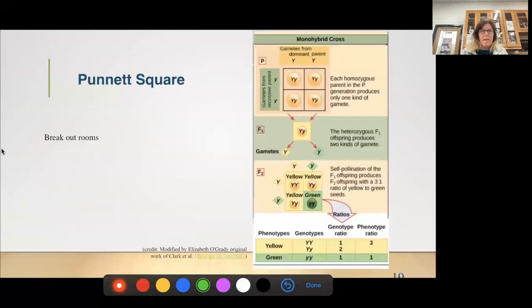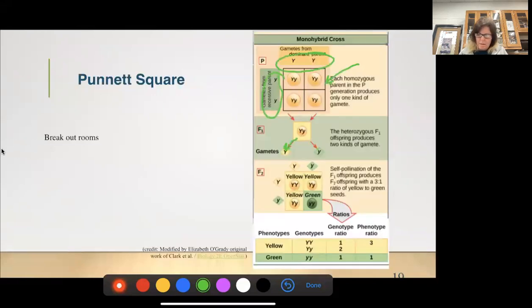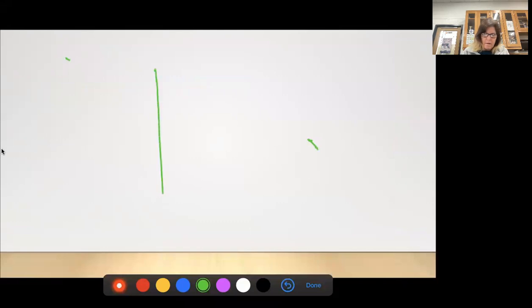So we can see here where we have our homozygous dominant and our homozygous recessive. When we put it together, all of our F1s are going to be heterozygous. When we take our heterozygous, we're saying, well, some of the eggs will have a big Y, some of the eggs will have a little y. And so when we cross those together, I'm just going to do that here in my cross.